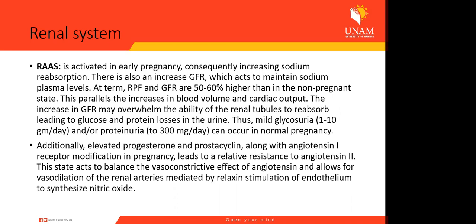The increase in renal plasma flow and GFR parallels the increases in blood volume and cardiac output. The drawback is that this increase in GFR may overwhelm the ability of the renal tubules to reabsorb some of these solutes, and this may lead to increased glucose and protein losses in the urine. So most women have some degree of mild glycosuria and or mild proteinuria, which can occur in normal pregnancy.